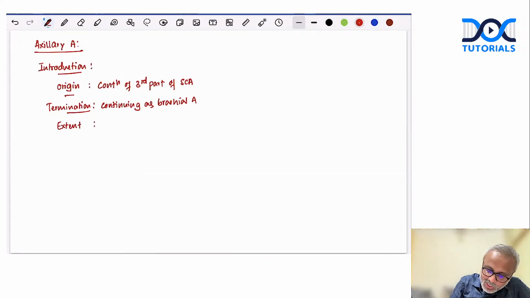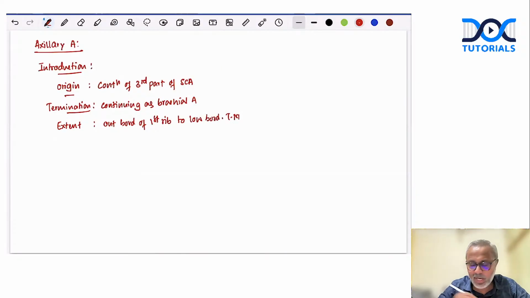So this is from, let's say, the outer border of the first rib to the lower border of the teres major muscle, right? So for this, we can draw a diagram. This could be the course of the axillary artery.